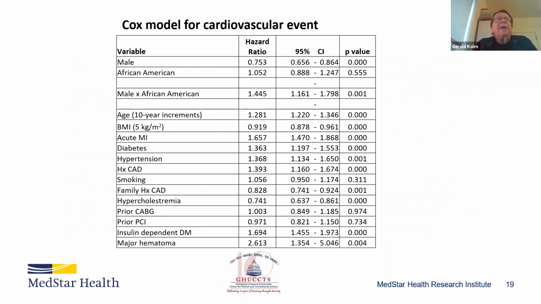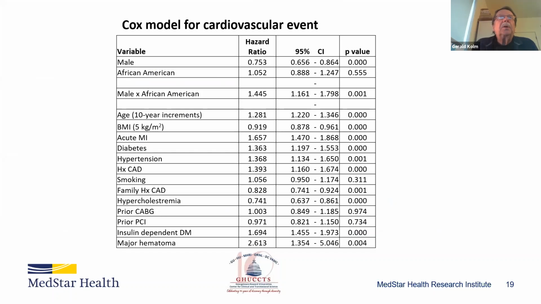Okay, so here's an example from a study where the interest was looking at a cardiovascular event, which was a composite event in this case, I believe. The primary interest was looking at sex and race.